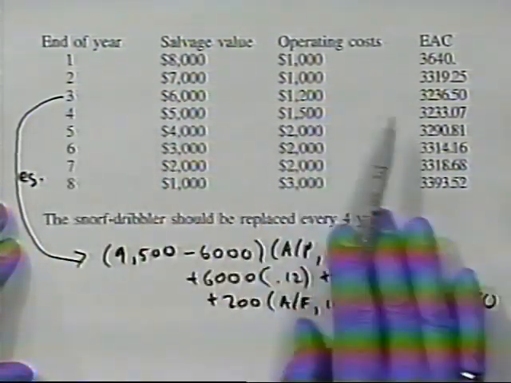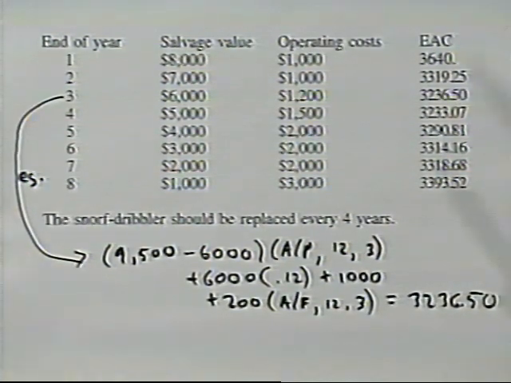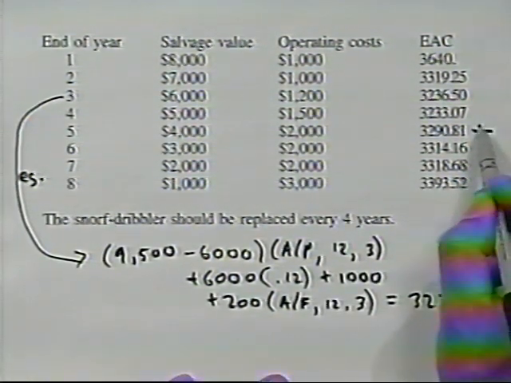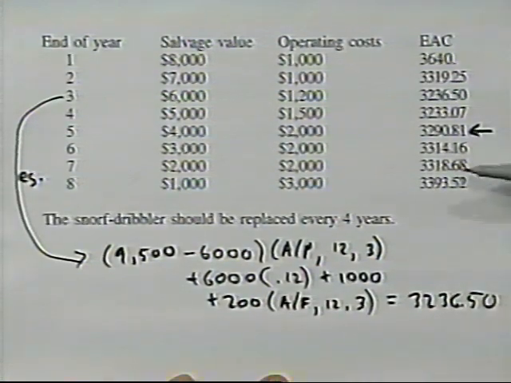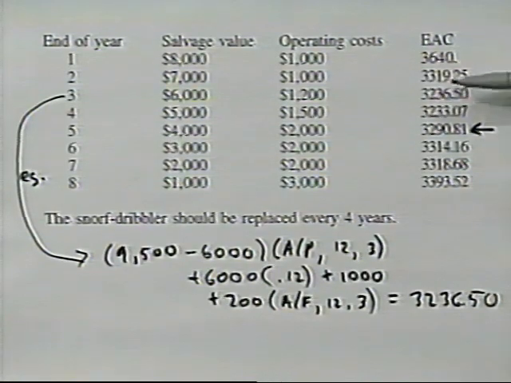So there's actually a lot of calculations hidden in this little chart. But if you look at these equivalent annual costs, they diminish until we get to this point here, and then they start increasing again. So the idea is if we plan to keep this Snorf dribbler for 2 years and then replace it, and keep it for 2 years and replace it, a cycle like that, it's going to cost us $33.19 a year.